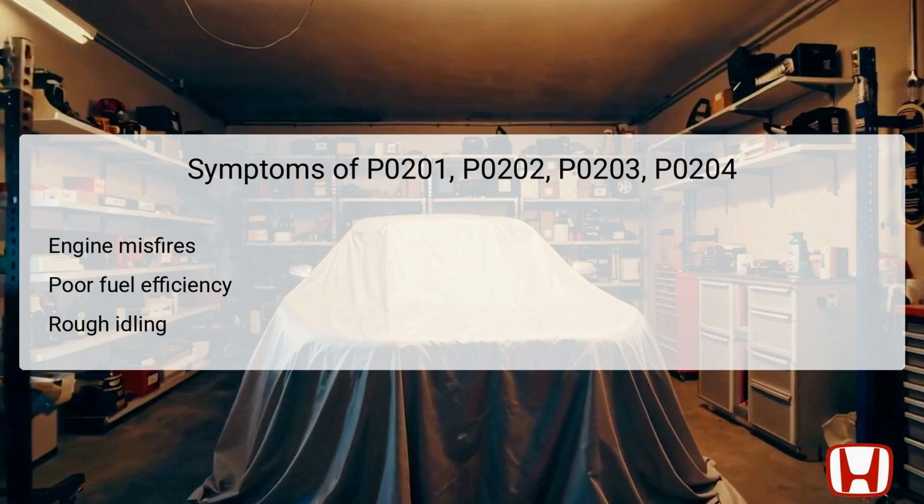Drivers may also notice poor fuel economy, as the engine tries to compensate for the lack of fuel being delivered to the cylinders. Additionally, a rough idle can occur when the vehicle's engine struggles to maintain consistent RPMs due to the irregular fuel delivery resulting from the faulty injectors.